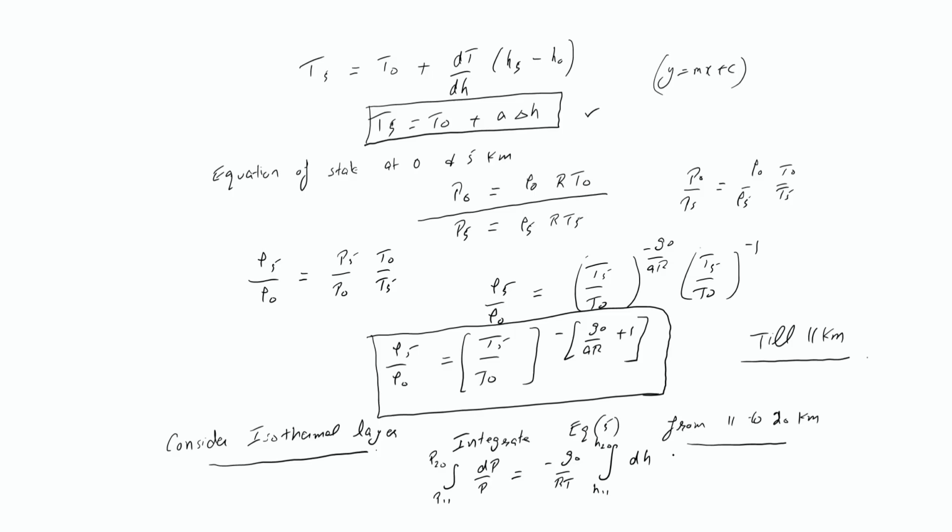Now again you can see the significance of the assumption that we have taken before. Here G naught is again a constant. It has come out, so it has made our life easier. So we can easily integrate this equation now. We get ln of P20 upon P11 equals minus G naught upon RT times H20 minus H11.